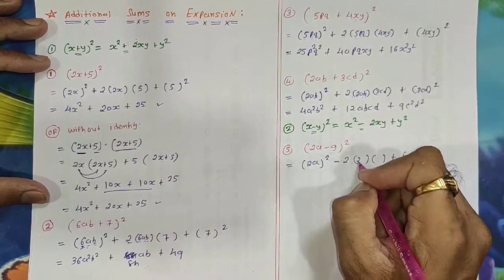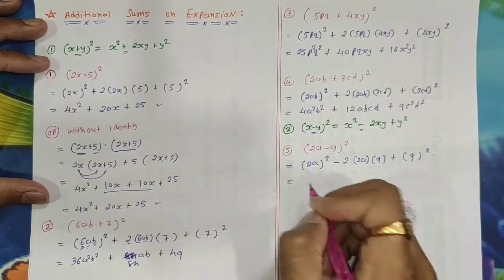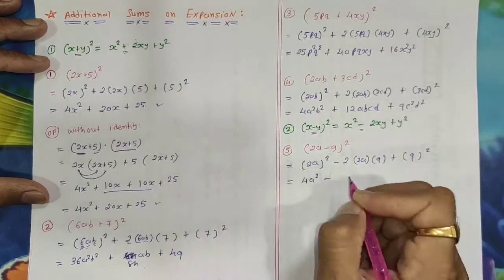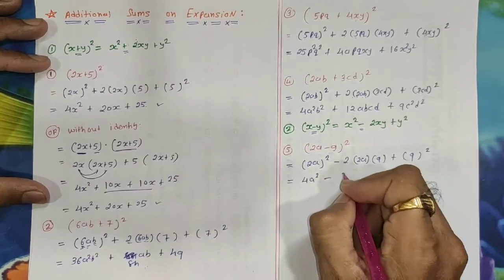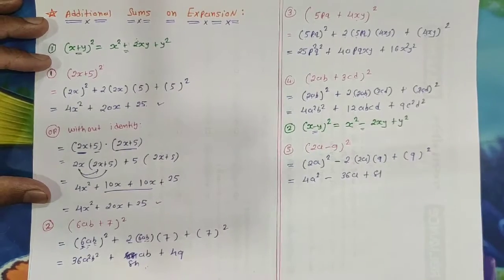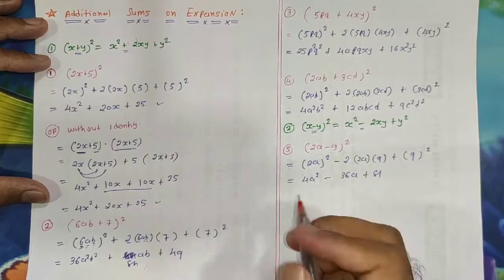This one is 2a, this is 2a, this is 9, this is 9 whole square. So it is 2a square, it is 4a square, minus 2 2s are 4, 9s are 36a, plus 9 square is 81. So this is how you can perform the expansion by using the second identity.